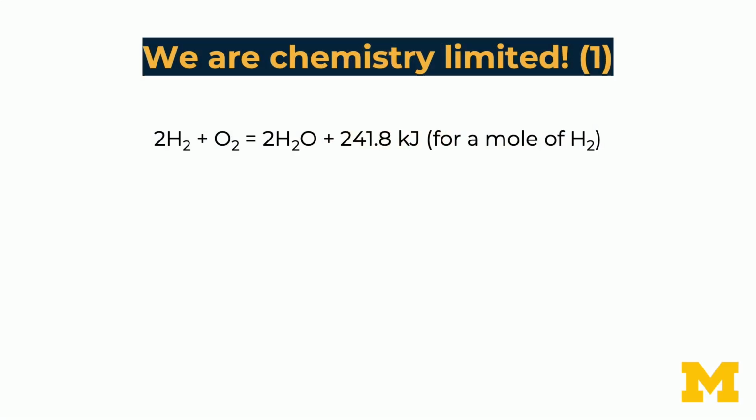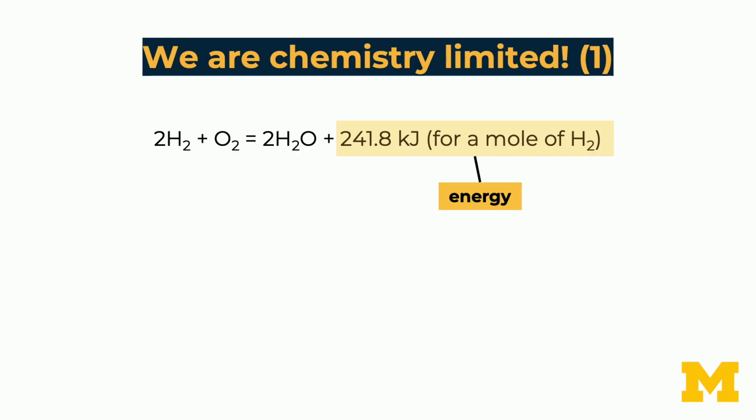And the interesting thing, in my opinion, is that when you combine these two things, hydrogen and oxygen, you don't get just an unlimited amount of heat. You get an extremely precise amount of heat, 241.8 kilojoules of energy, an extremely precise amount of energy that you get out of this.